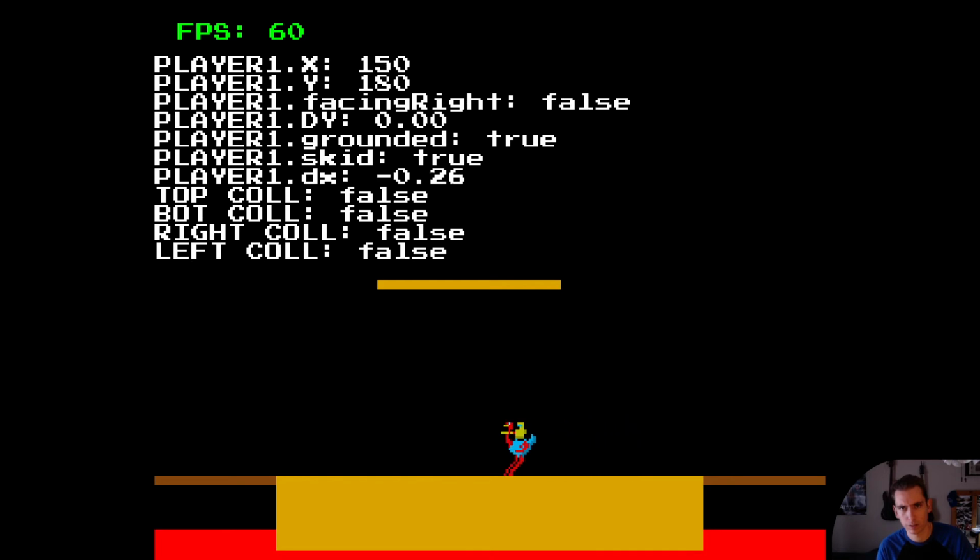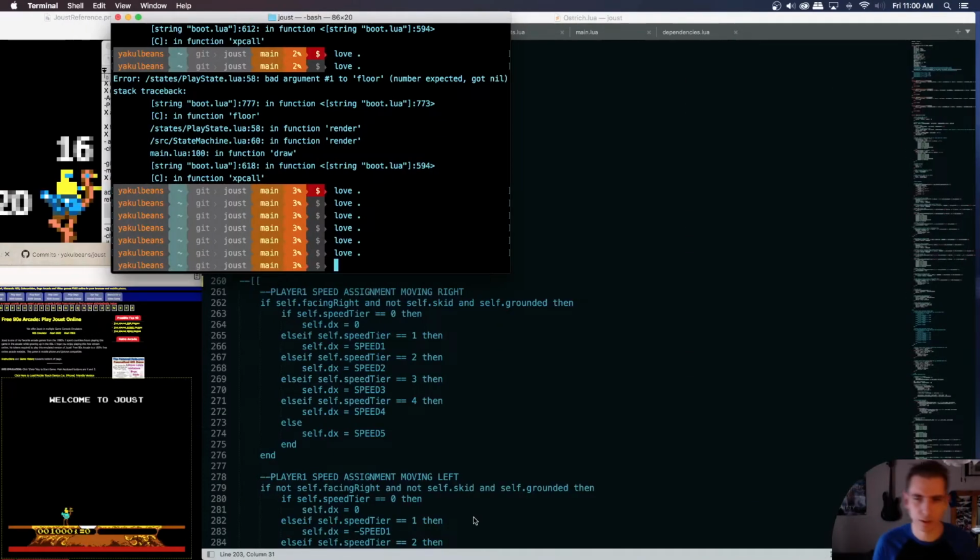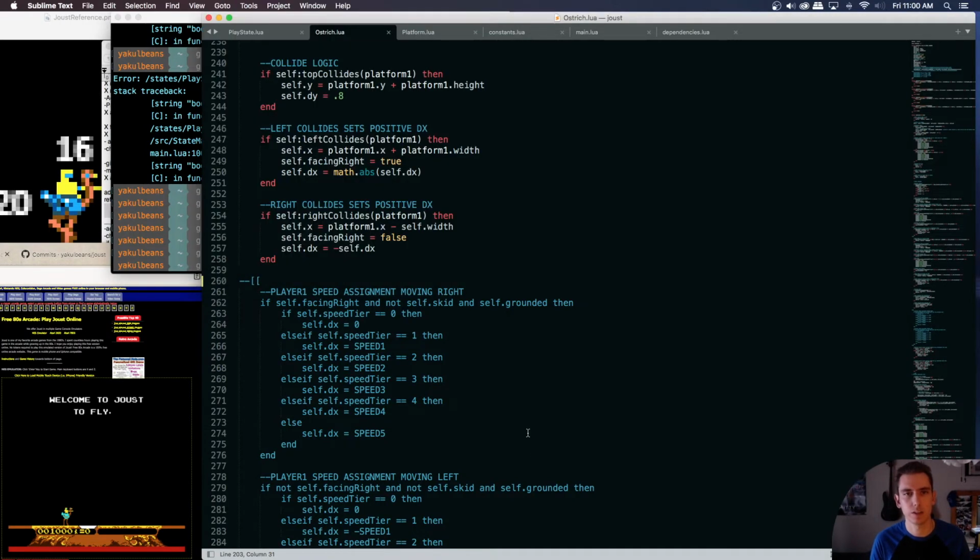That's weird, it just switched. I've been holding them both down. So what's happening there? I'm holding right, so it's trying to increment right DX, but I'm holding left, so it's saying that you got a skid.